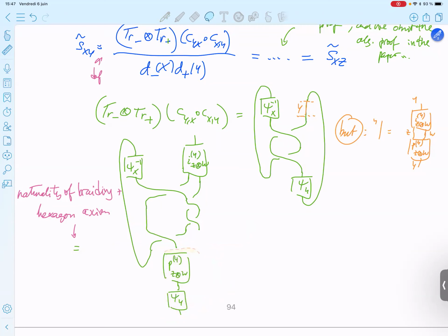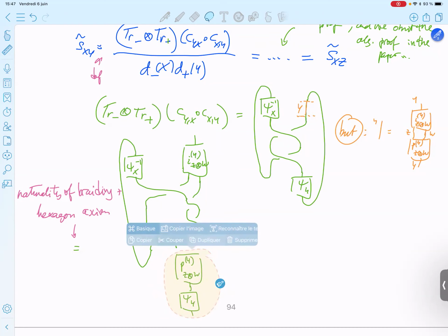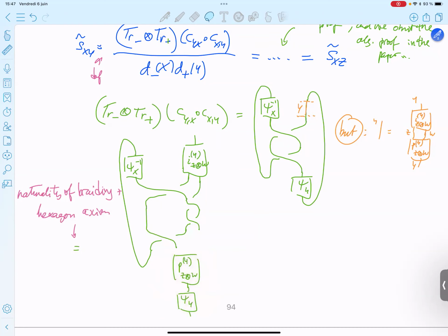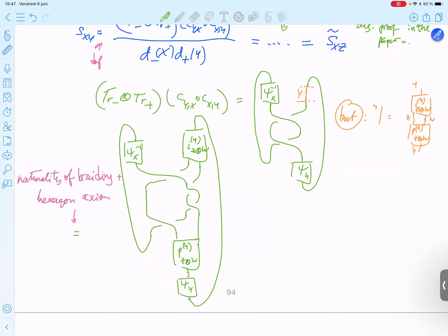No, it needs two strings. So this one and this one. Okay, and then we close this way. So I hope it's clear.